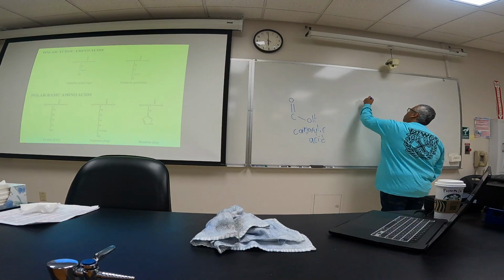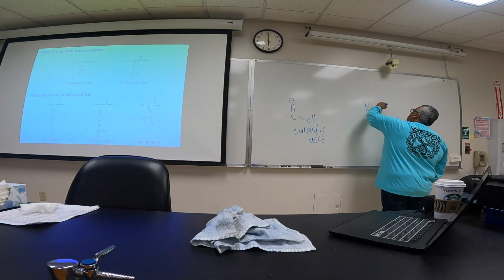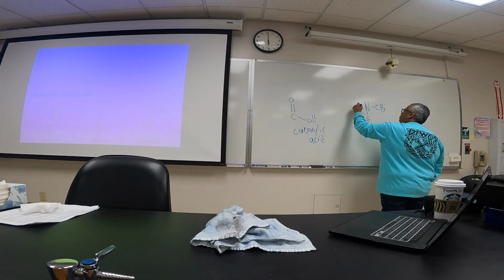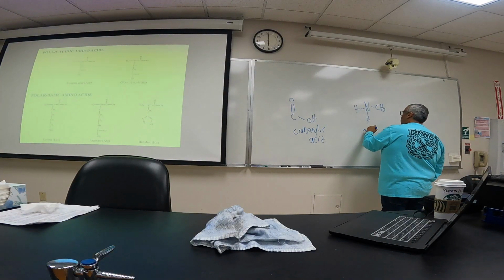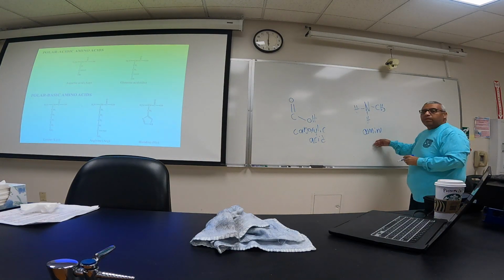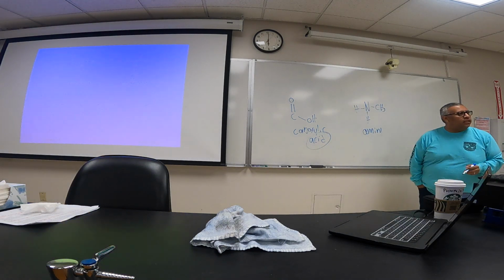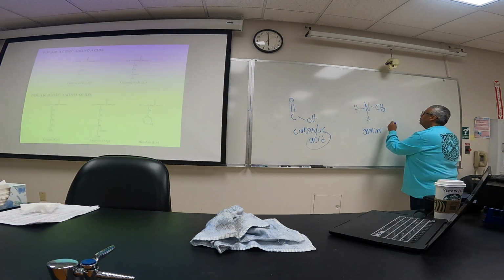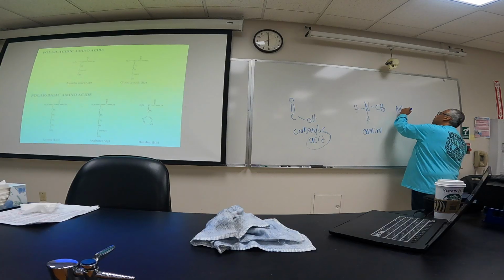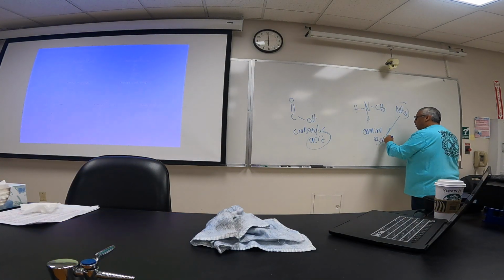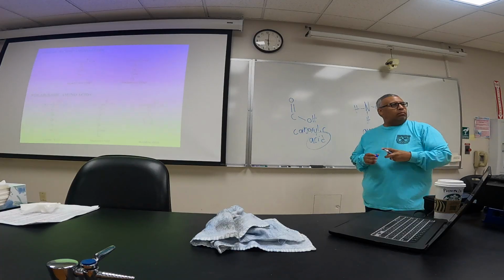And then we have our amines. So carboxylic acids are acidic, and amines, which are derived from ammonia, are basic.